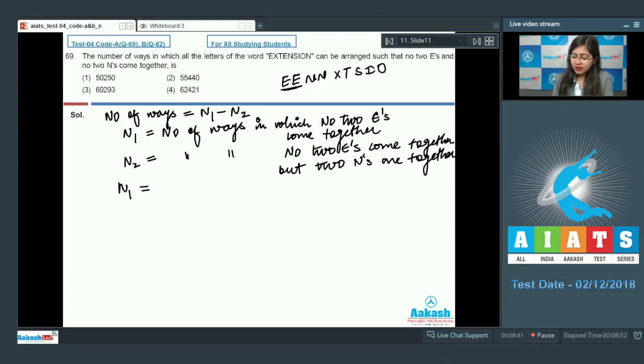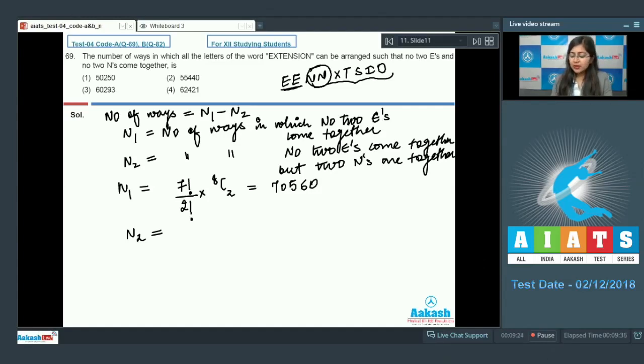That is, we will arrange these 7 letters in 7 factorial upon 2 factorial ways. Right? Now, in between we have 8 gaps. So, let us select 2 places from these 8 gaps in 8C2 ways. Right? So, this will be equal to 70560.